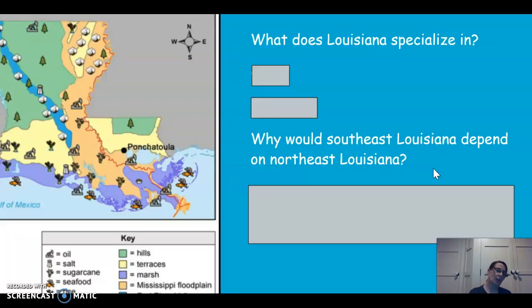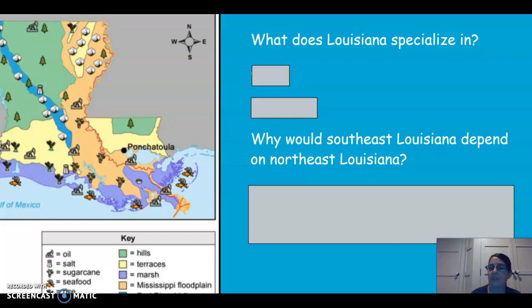But today, boys and girls, we're going to focus more on specialize, and we're going to look at Louisiana. Let's look at this map of Louisiana. Louisiana specializes in growing certain foods or resources. They specialize in certain resources that no one else in the United States has.